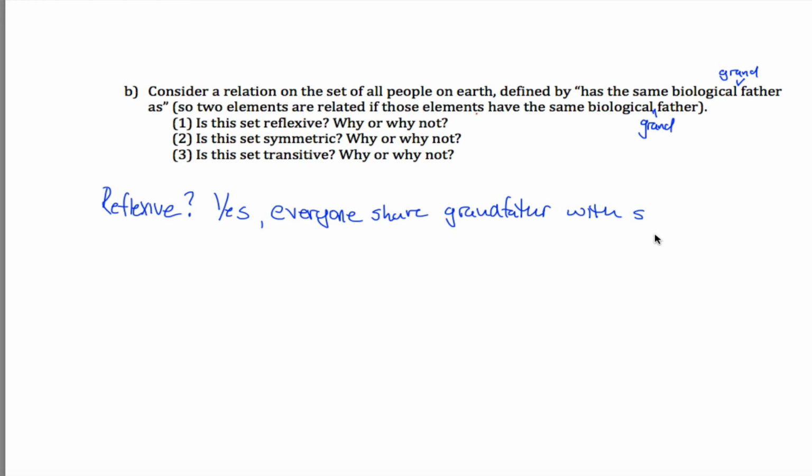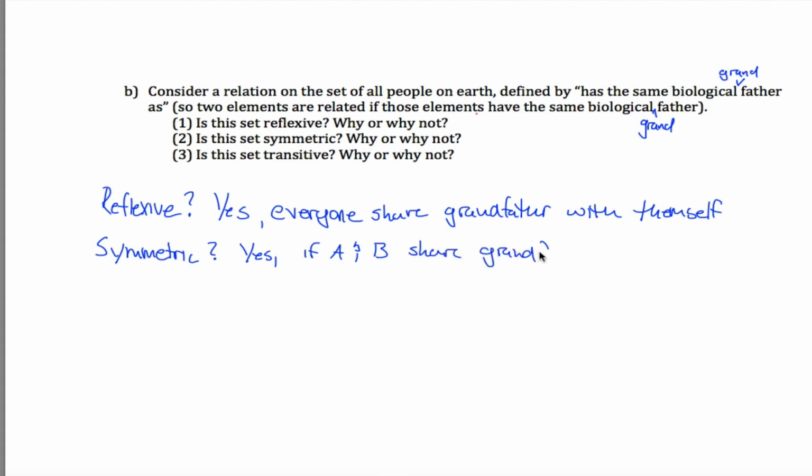It's hard to write. It's been a long day. With themselves. Maybe that's 2 words. Frankly, I don't care. Symmetric. Yeah, I guess so. Yes, if A and B share a grandfather, and so do B and A.